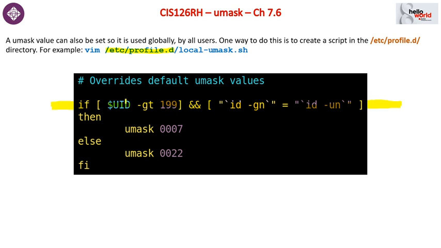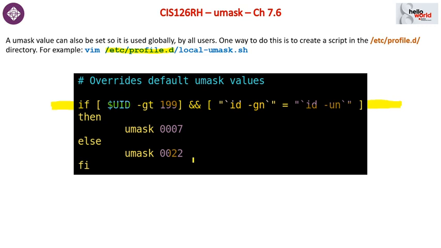But what it says is, if the user who's logging in has a user ID greater than 999 and their group name is the same as their username, then we're going to set the umask to 007. If any of this is false, then we're going to set the umask to 0022. And this actually should say 0 now. This is old code, but this is directly from Red Hat.